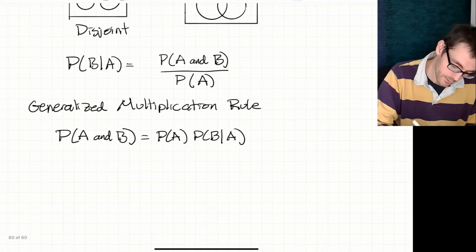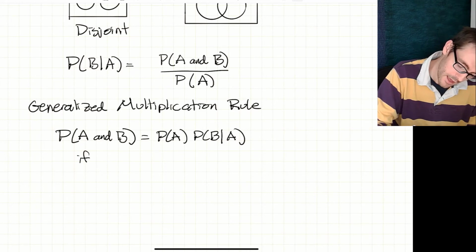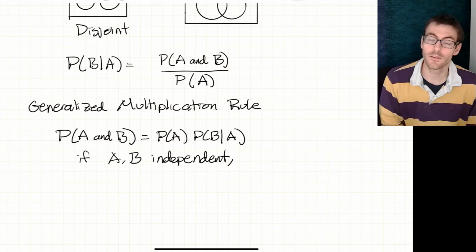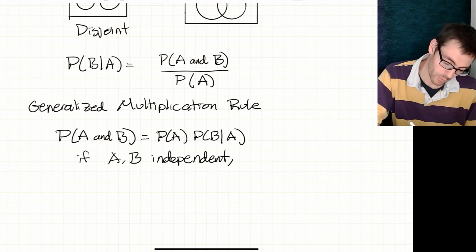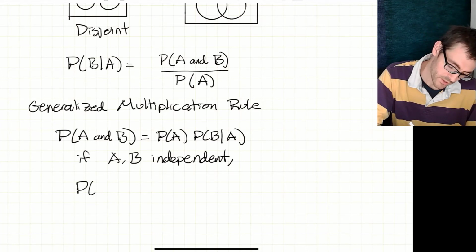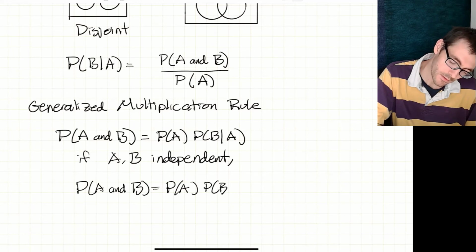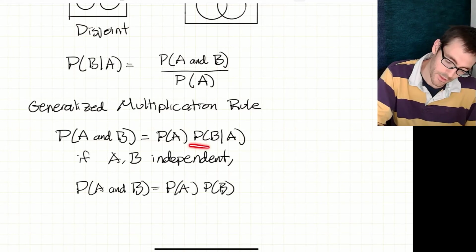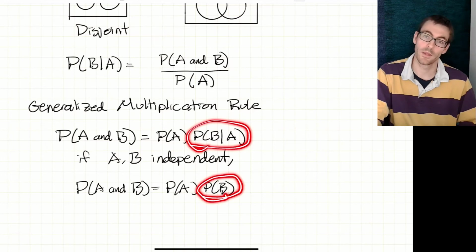So if A and B are independent, then this simplifies to the previous multiplication rule we had mentioned before, which said that the probability of A and B is the probability of A times the probability of B, and this happens because this term equals this term.